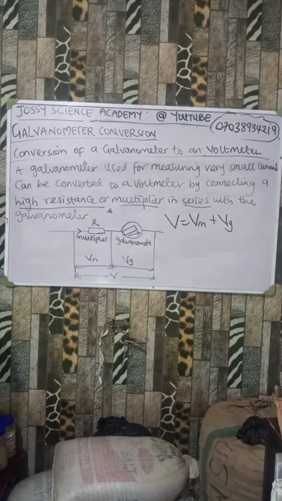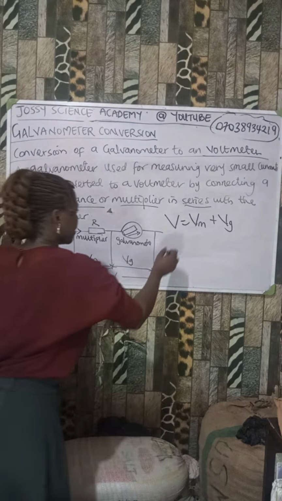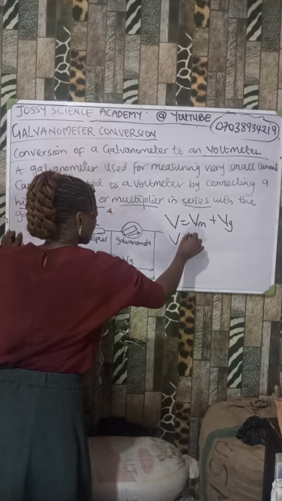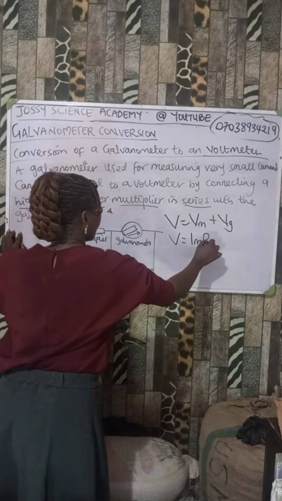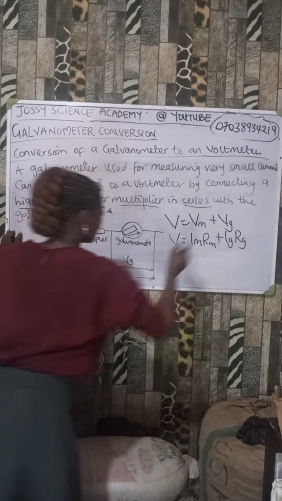Is that okay? So what is this PD across the multiplier? PD is current times resistance from Ohm's law, right? So I will say V is equal to IM RM plus IG RG.